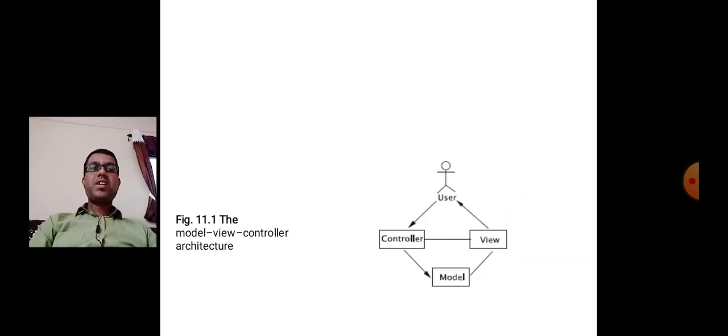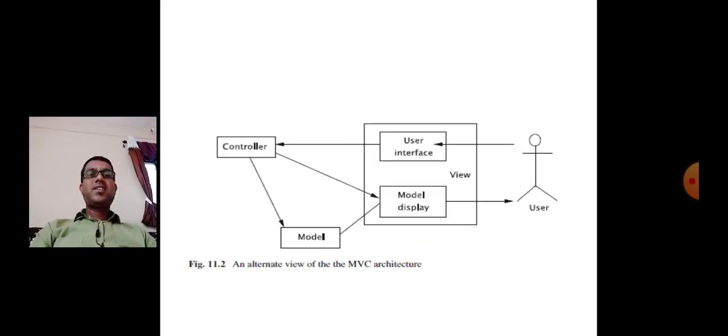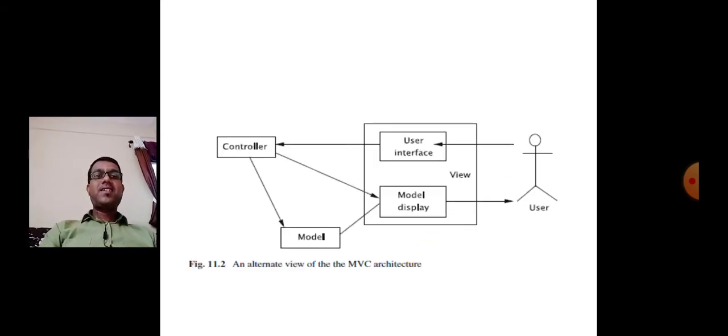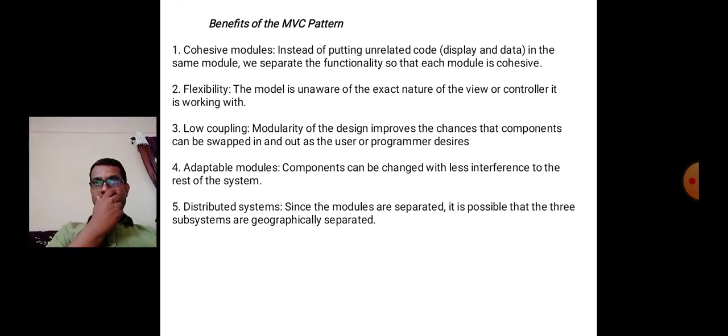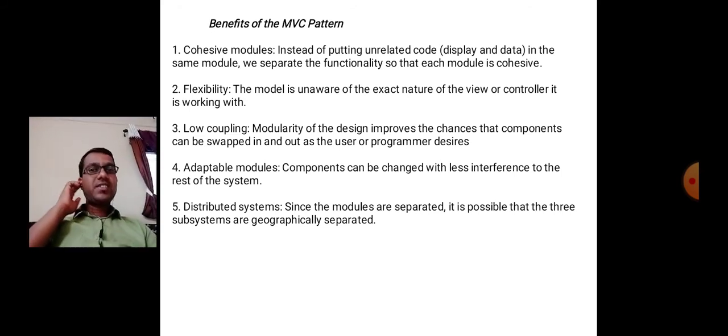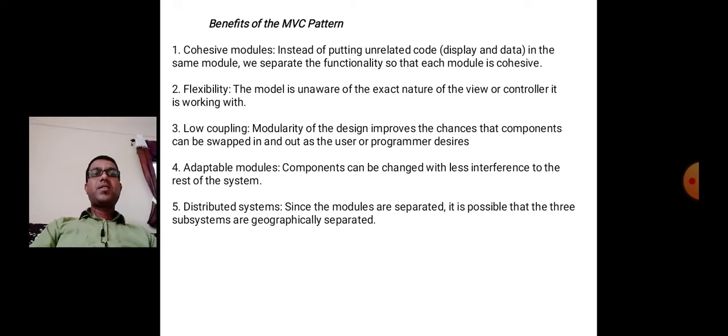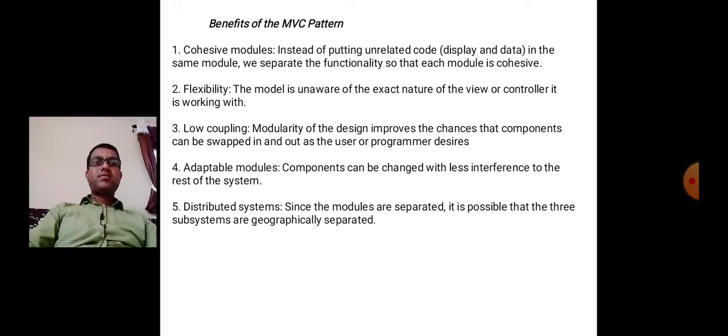These two figures, the first one is the simple view. In this, user, model, view, controller work together, and this is an alternate view of MVC architecture. So there are a few advantages or benefits from the MVC pattern.